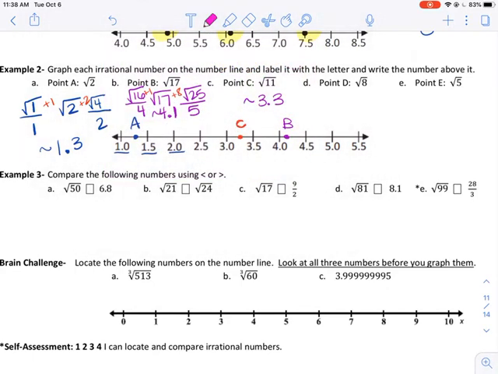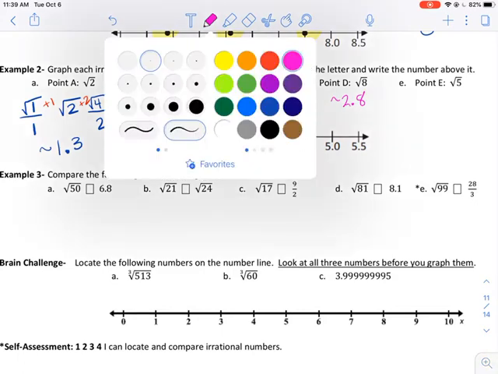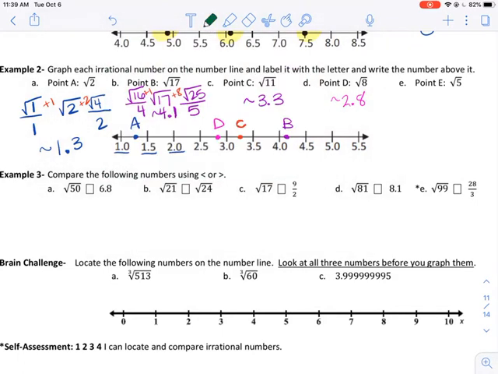The square root of 8 is going to be very close to 3, so I'm going to say it's 2.8. So let's go ahead and put the square root of 8 right there. And then for the square root of 5, it is between 2 and 3. It's about 2.2. So there's my point E.